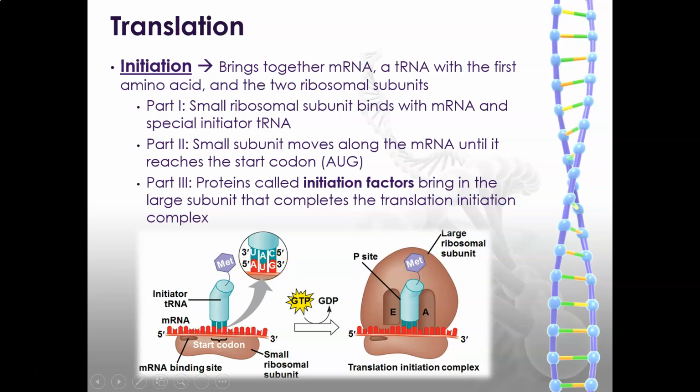And then once that is all fitted together, we're going to fit that complementary tRNA and messenger RNA with its corresponding amino acid. All of that ends up on the bottom subunit of that ribosome, and then we fit the top large subunit on top and make this initiation complex.